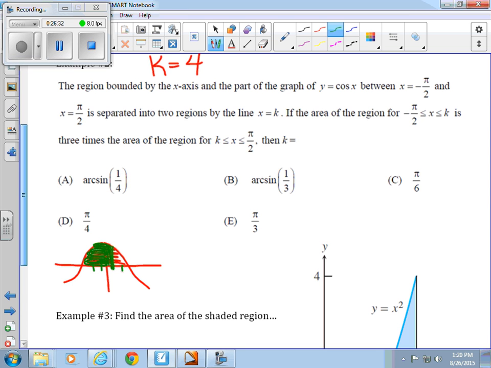The right piece is 3/4 of the area. What is k?